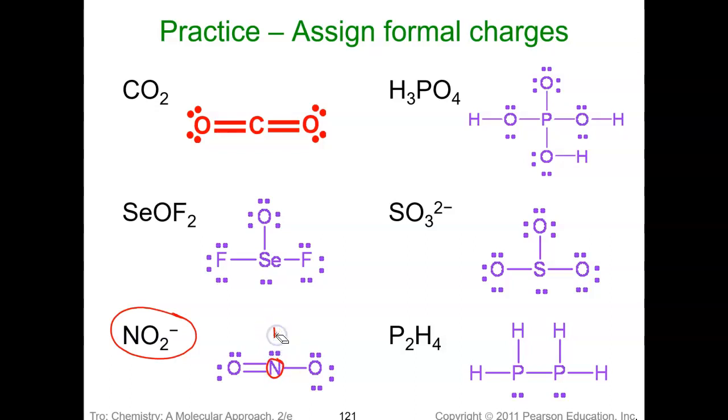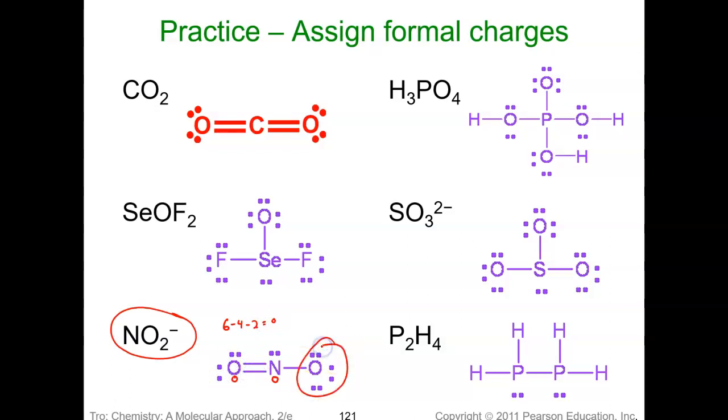It has 5 valence electrons minus 2 lone pairs minus 1, 2, 3 bonded electrons. So 5 minus 2 minus 3, that's 0. Okay, let's do this oxygen now. 6 valence electrons minus 2, 4 free electrons minus 1, 2 bonds. Again, 0.